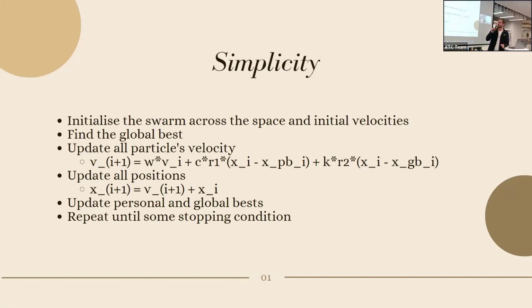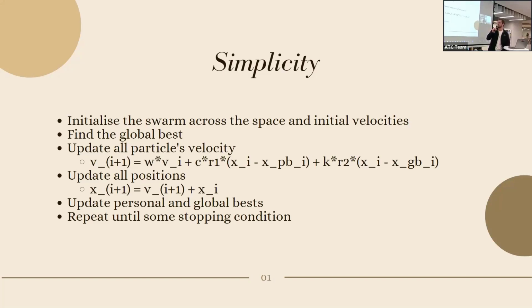Then you update all of the particles' velocities, which is initially set to some value, typically 0, with this formula, where it's some weighted addition between the current velocity, the difference between the current position and the particle's personal best position, and some random proportion of the difference between the current position and the global best position.